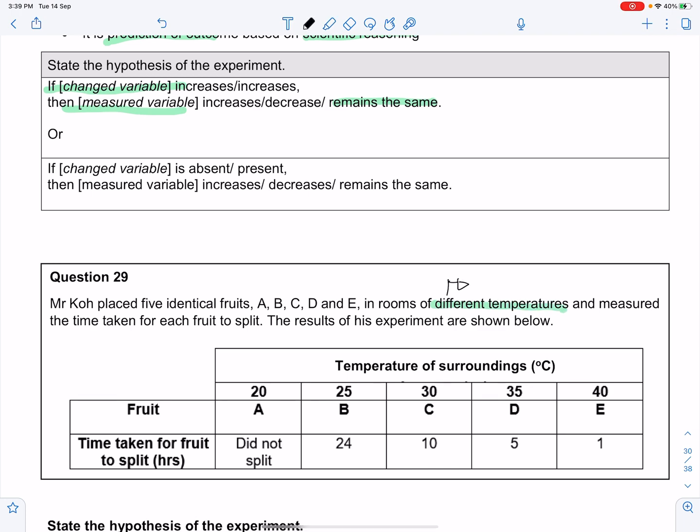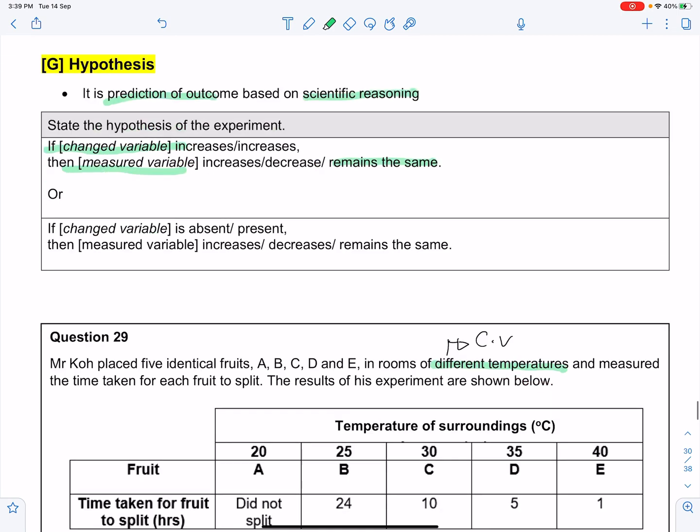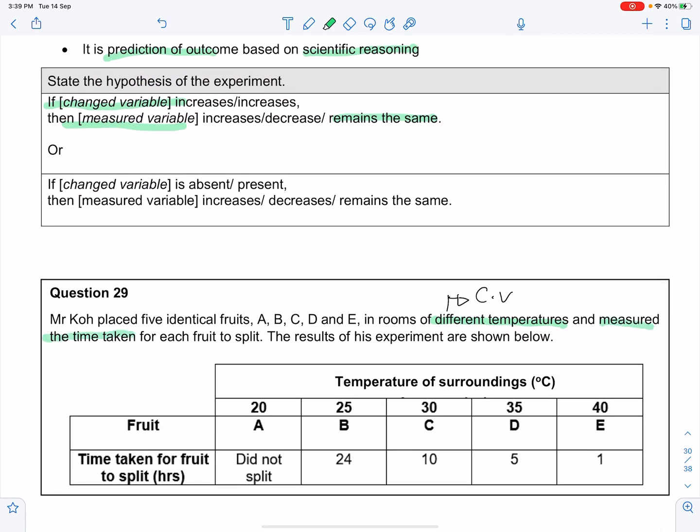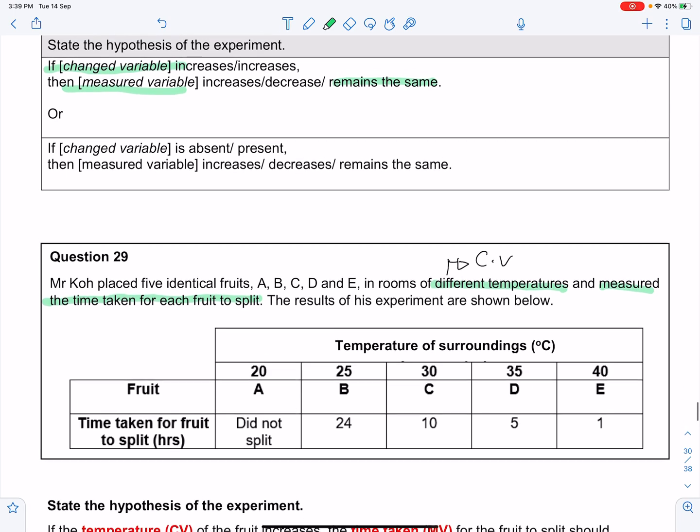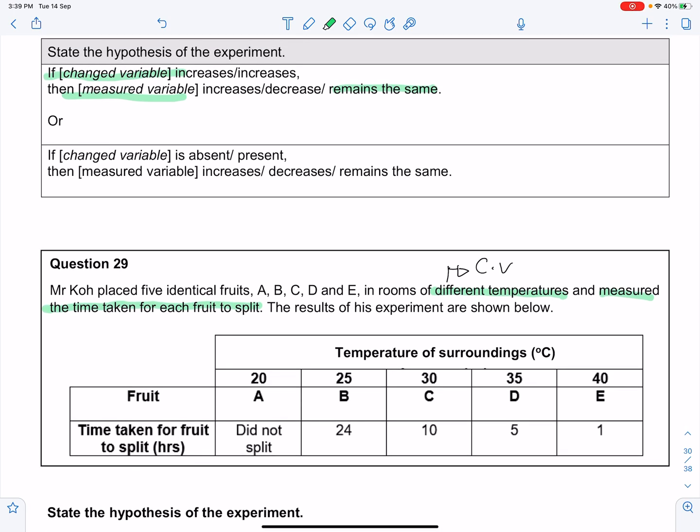In this case, different temperature is the change variable, and your measured variable is the time taken for the fruit to split. Okay? So looking at it, what can I predict? If I take a look at it, as the temperature increases, I notice that the time taken actually decreases.